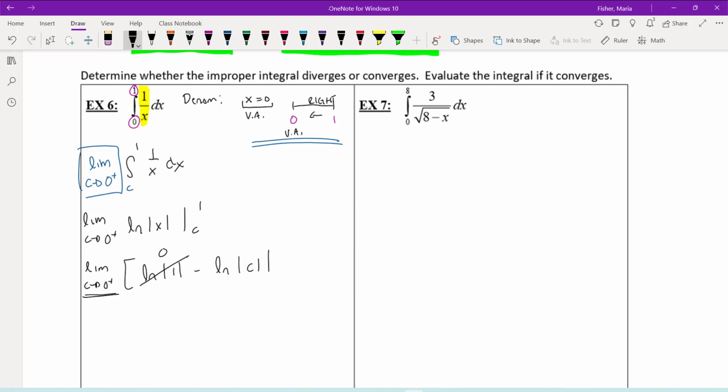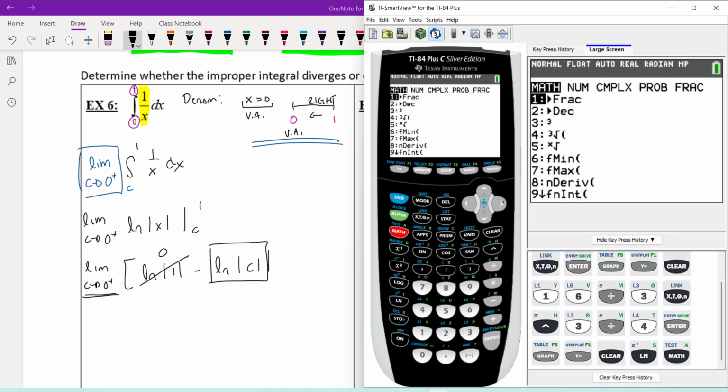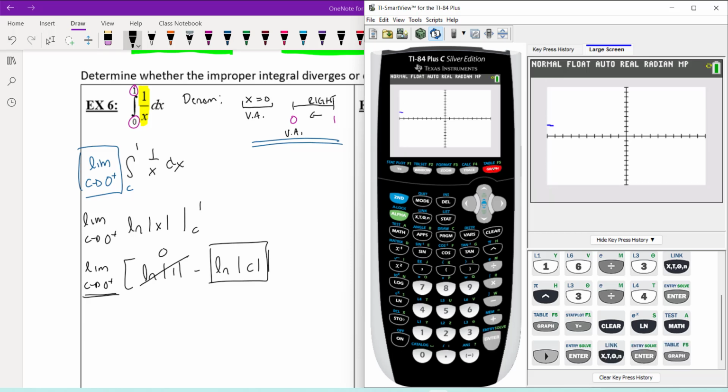So the question is, as you're approaching 0 from the right, where is this going? Grab a graph. So if I go to my graph and I just look at the natural log of the absolute value of x, hit math, scroll to number, hit enter for absolute value and put x. And then let's graph this.